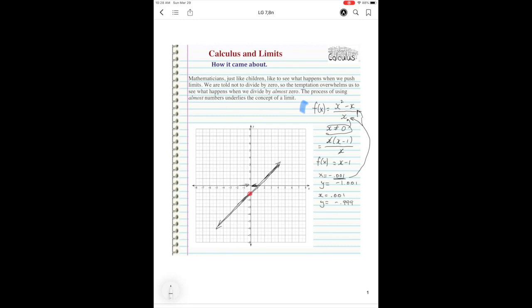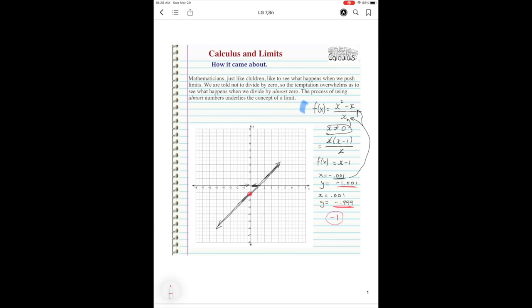So you can see, what are we approaching? If we look at these two numbers, this is what limits are about. What are we approaching? As you look at that, we are approaching negative 1.